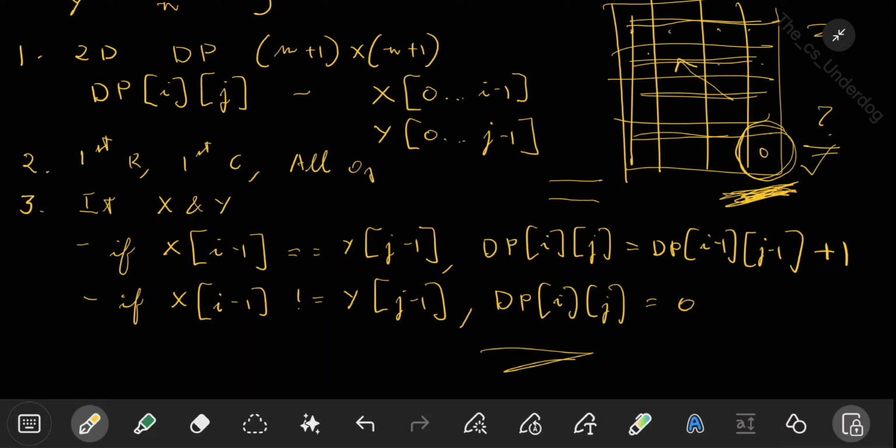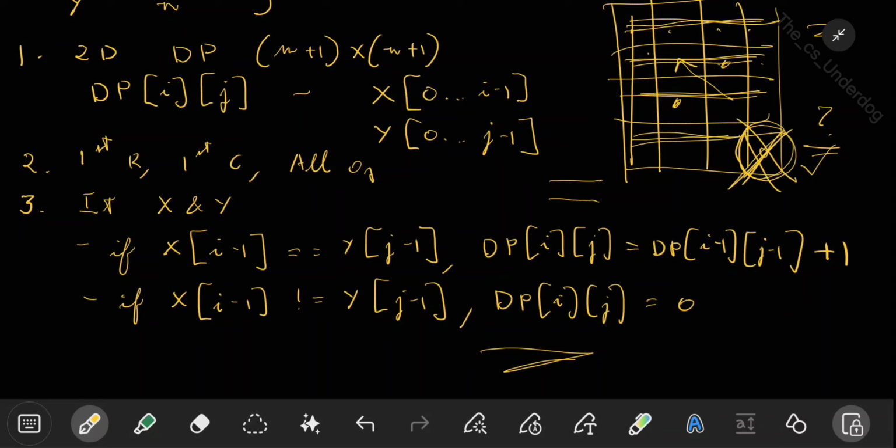So the difference here from the longest common subsequence algorithm is, in order to find out the final answer, you have to keep track of the values you are entering in each entry in the table. Whichever is the maximum entry in the complete table, it may be here, wherever. Whichever is the largest entry, that is the length of your longest common substring, not the entry at the last point.